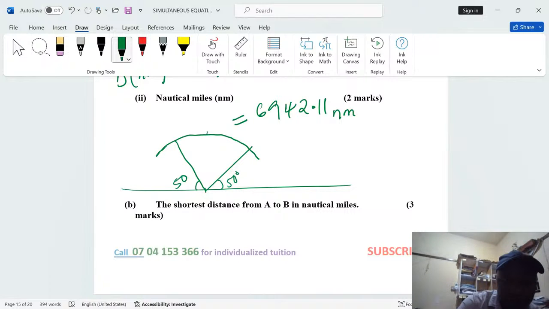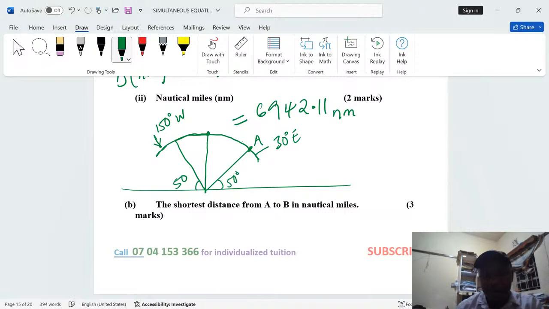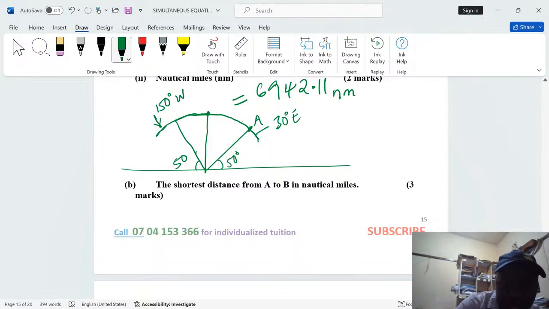So if we go to the North Pole, following this longitude 30° in the east, where point A is, and we move to the North Pole, we will flow downwards following longitude 150° in the west. Now that is a great circle, and that is the shortest route. And the angle at this point, because 50 and 50 gives 100, it will be 80.